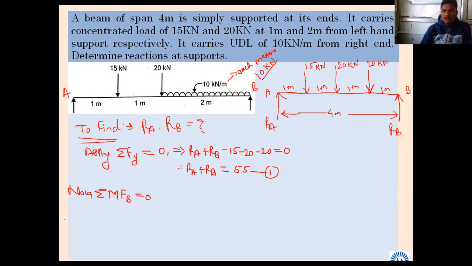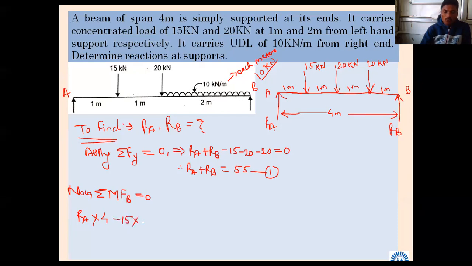Now tell me. Point B is fixed and this is RA. How will the object rotate due to reaction RA? Clockwise. Means it is positive. RA into the distance between line of action of force and point B, 4 meters. Then due to the 15 kilonewton force, how will the object rotate?